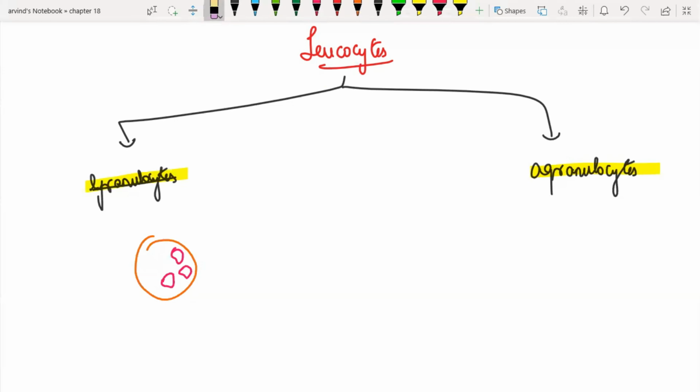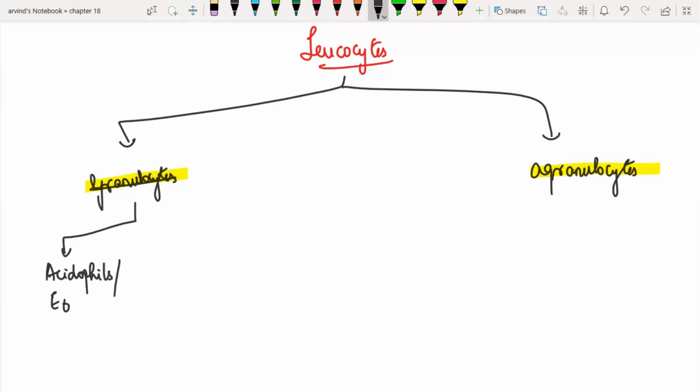Granulocytes, if you take, we have got three types of cells: acidophils, or I call it eosinophils. Functions of all these are important. Next, basophils and neutrophils.